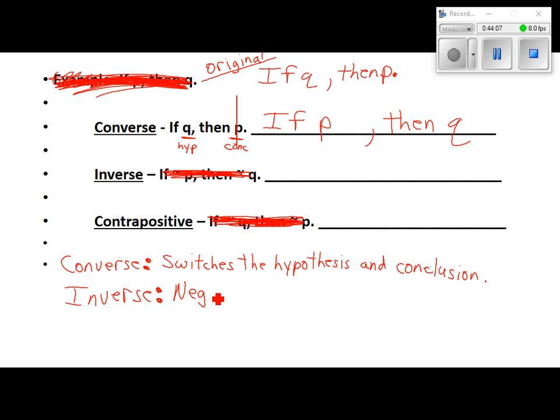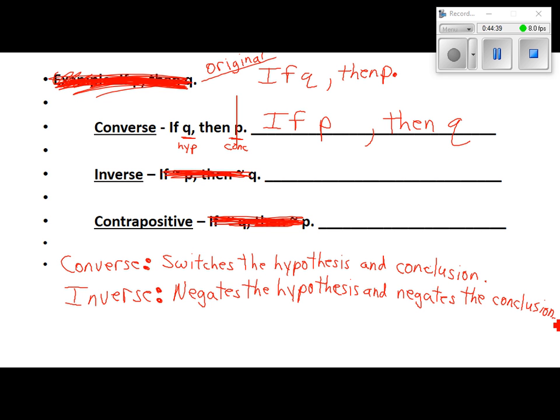The inverse negates the hypothesis and negates the conclusion. To negate it, that's that little tilde symbol, but what it's actually doing is just putting "not" in there.